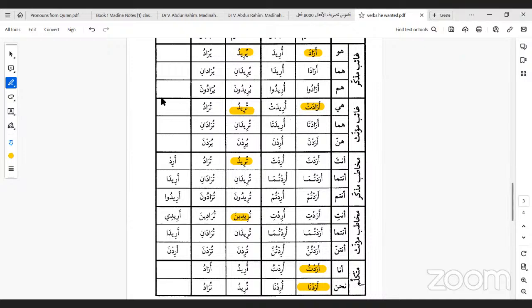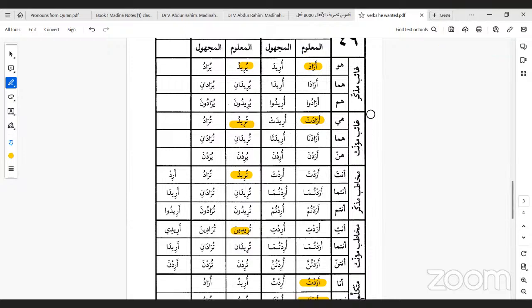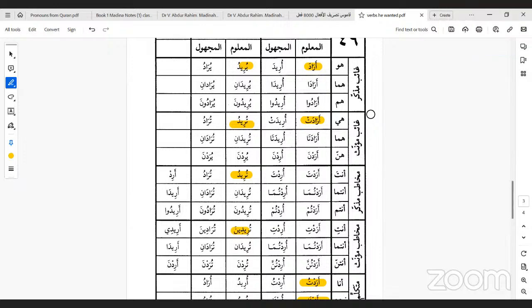Sheikh, can I interrupt? Yes, go ahead. But what's the difference between the normal verb and this one? There must be something specific about it. Good question. It's a question which I have answered before, and you've asked the question again. It's good that you asked. Is it a four-letter verb? Brilliant. Exactly.